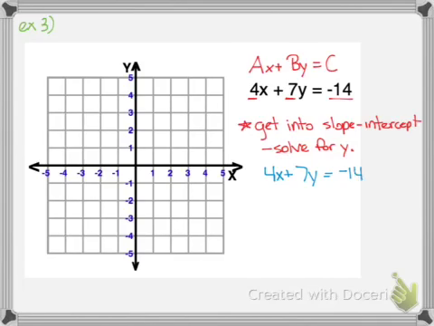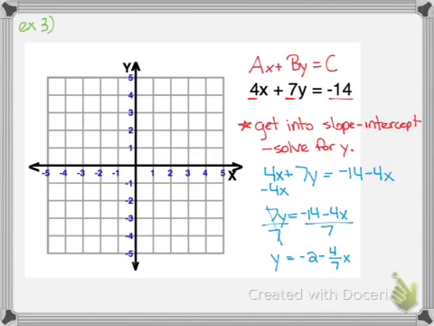So we want to get y by itself, so we need to subtract 4x from each side. So we have 7y equals negative 14 minus 4x. Now we need to get y completely alone, so divide by 7. So these cancel, and I get y equals negative 14 divided by 7 is negative 2 minus 4 over 7 x.